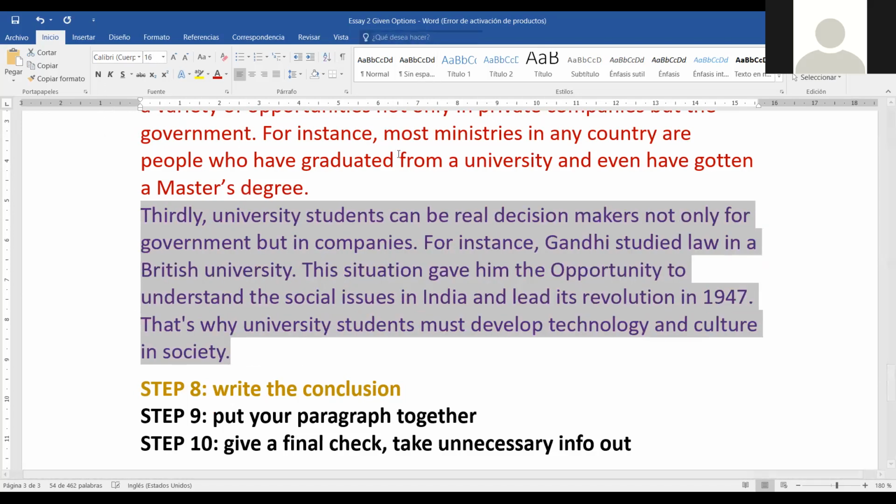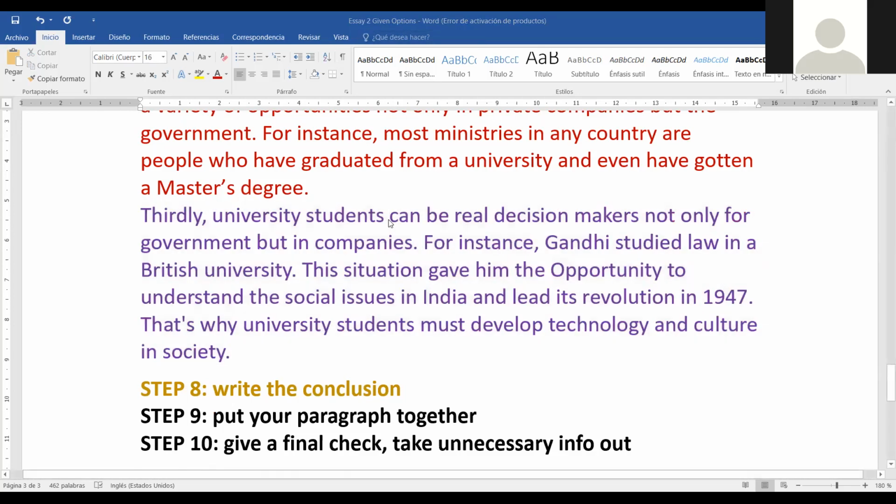Can you read, please? Thirdly, university students can be real decision makers, not only for government but in companies. For instance, Gandhi studied law in a British university. This situation gave him the opportunity to understand the social issues in India and lead its revolution in 1947. That's why university students must develop technology and culture in society.